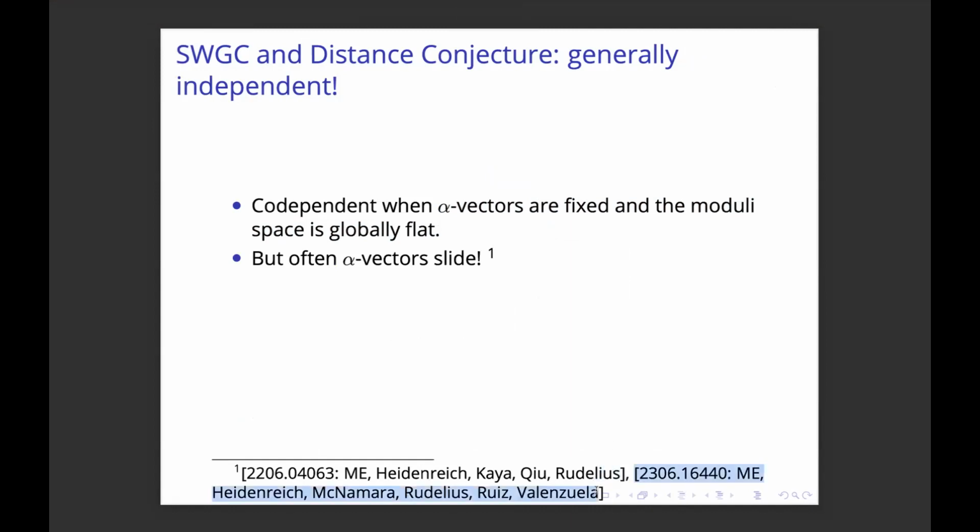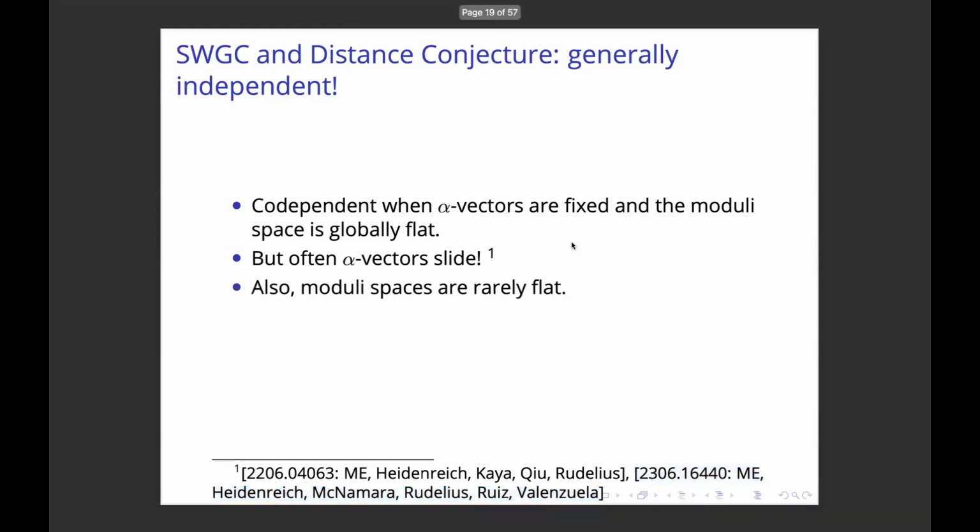For instance, this was explored in this paper for heterotic string theory on a circle when looking at just the radion dilaton moduli space. Scalar charge to mass ratio vectors slid around, even in this flat moduli space. So the convex hull of scalar charge to mass ratio vectors changed shape depending on where you were in moduli space.